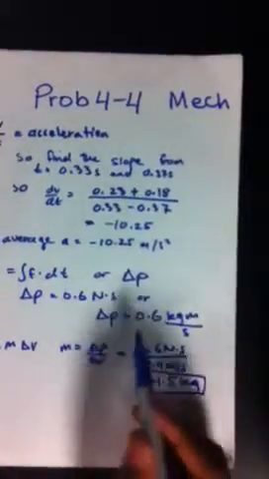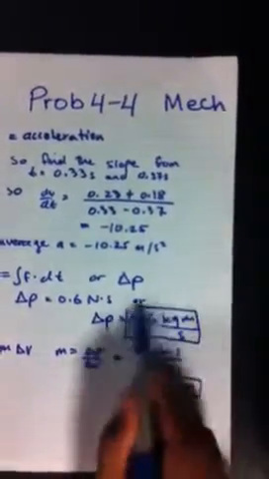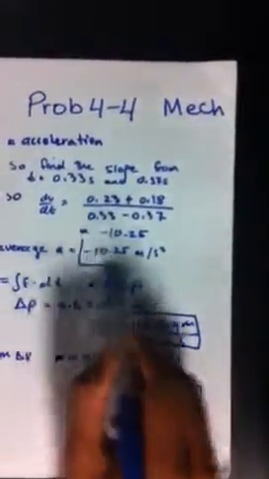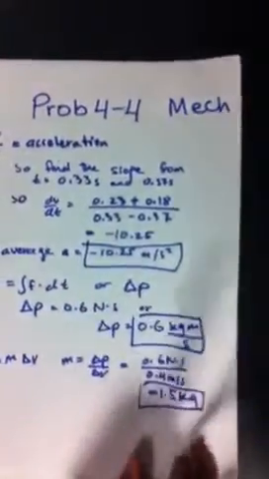And the answer to part B, again, was 0.6, and the answer to part A was negative 10.25 meters per second squared. Moving on to part D, it asks you to find the energy lost in the collision between the force sensor and the cart. So you just have to find the energy lost between 0.33 seconds and 0.37 seconds, and we can use the law of conservation of energy.